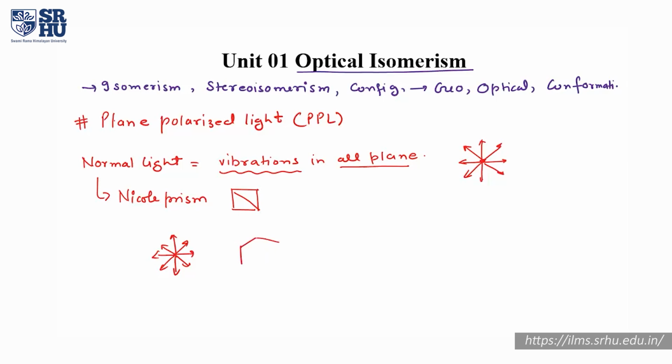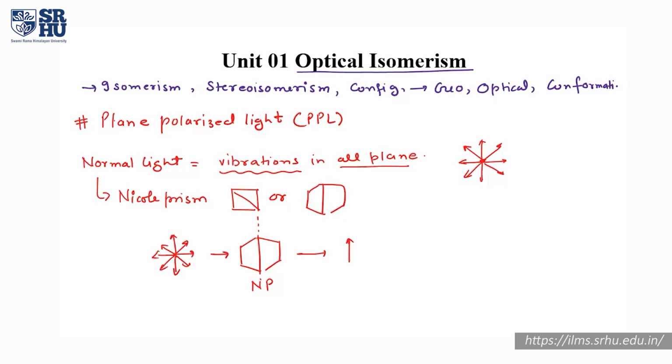Now when this light is passed through the nickel prism, its vibrations in all of the planes are cancelled except the plane of the axis of the nickel prism.